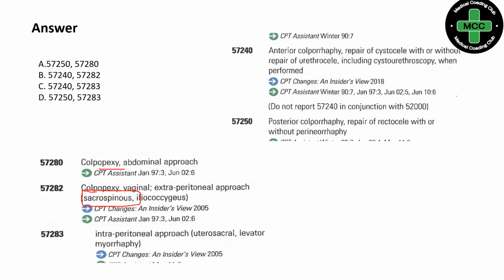So for colpopexy you need to select 57282, and for colporrhaphy you need to check whether it was anterior or posterior. It was clearly mentioned that it was an anterior procedure, so 57240. Checking the options, option B has the correct codes, 57240 and 57282. Option B is correct.